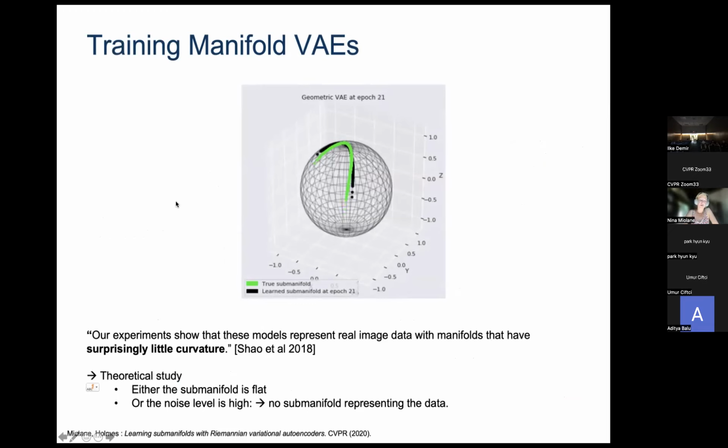We're also able to give some insights into what was observed in the literature about VAE, which was this statement that you can see by Shao et al. in 2018, saying that in VAE, experiments showed that these models represent real image data with manifolds that have surprisingly little curvature. Long story short, through a geometric analysis of geometric VAE that gives insight on VAE, we are able to explain why they find latent spaces with surprisingly little curvature.